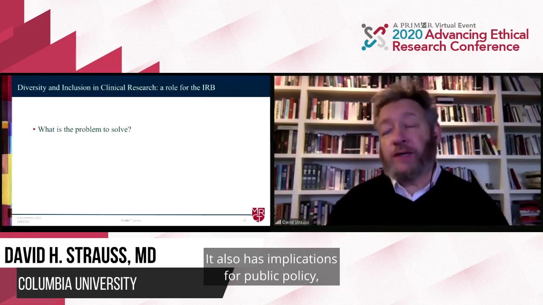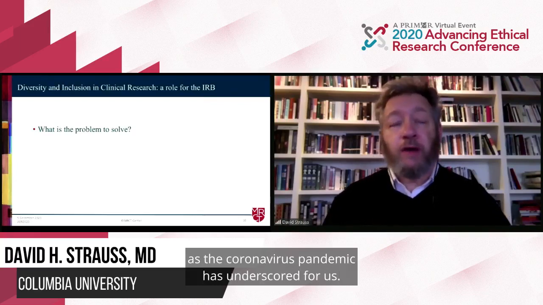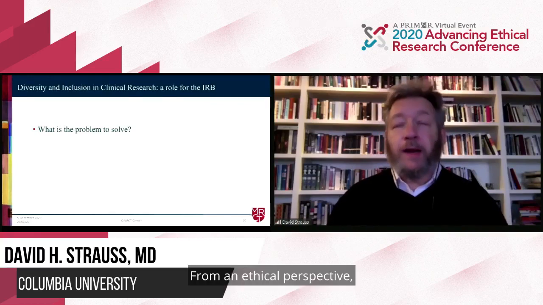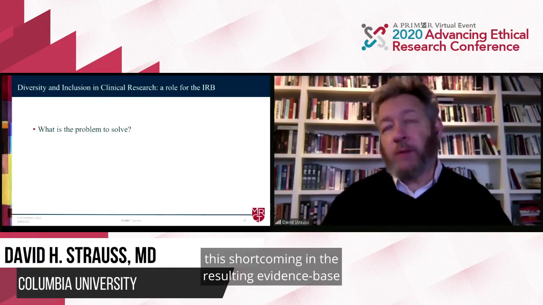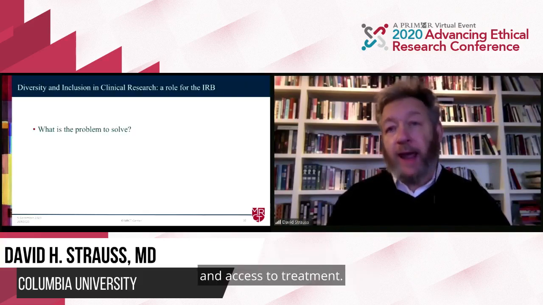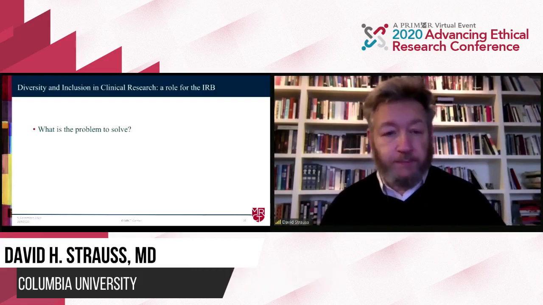It also has implications for public policy, as the coronavirus pandemic has underscored for us. From an ethical perspective, this shortcoming in the resulting evidence base has specific implications for fairness and access to treatment, and what we commonly refer to as health equity or equity in healthcare.